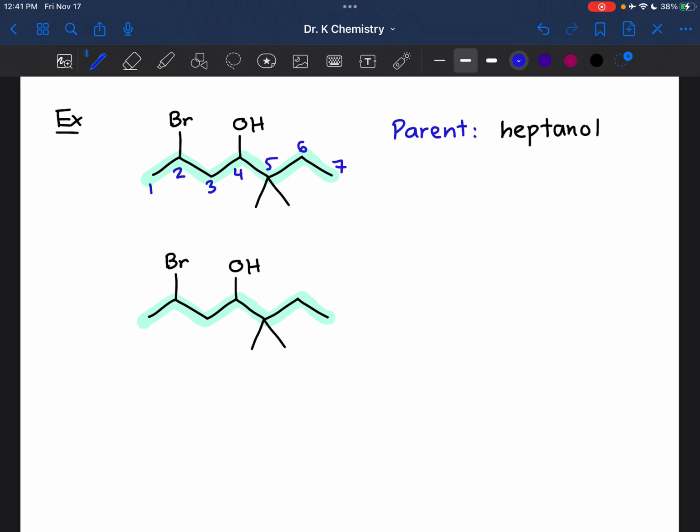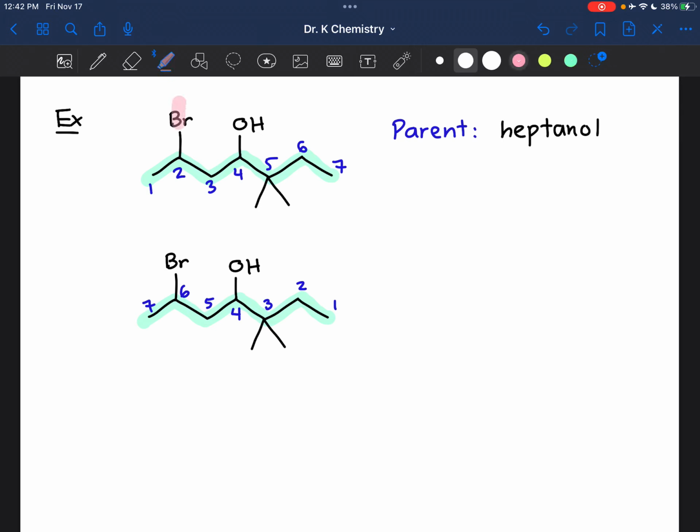If we go left to right, then the OH group appears on carbon 4. If we go right to left, the OH group appears on carbon 4, which means as far as the alcohol is concerned, it really doesn't matter.